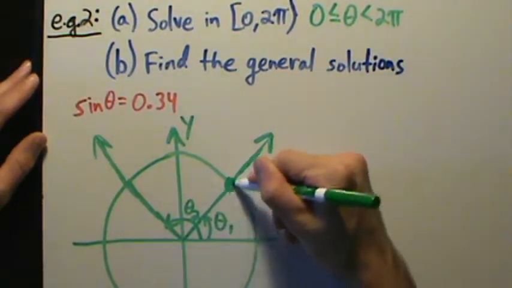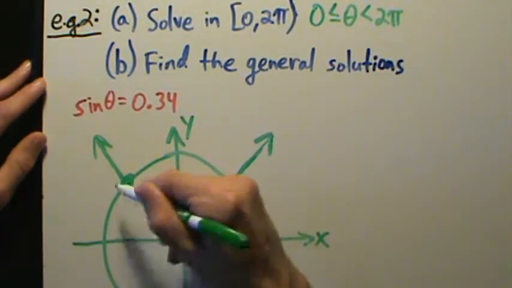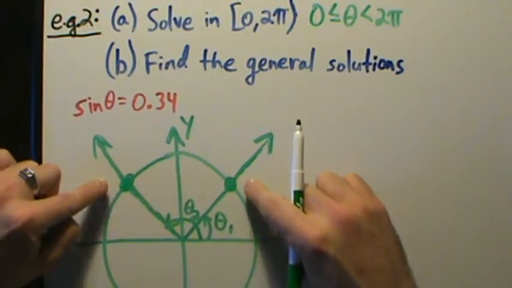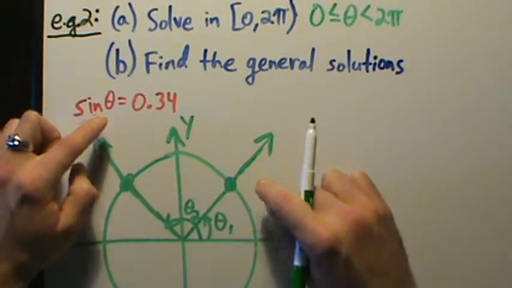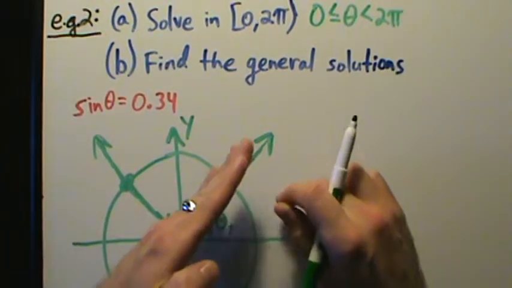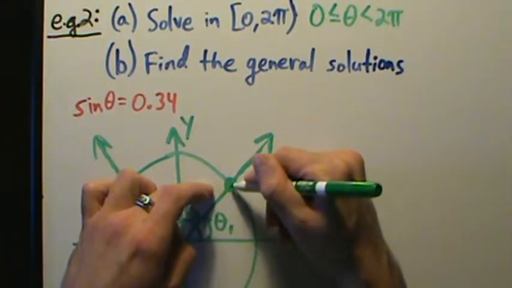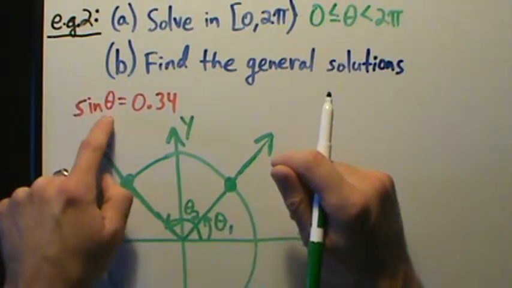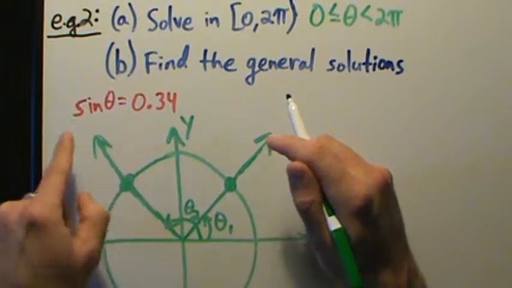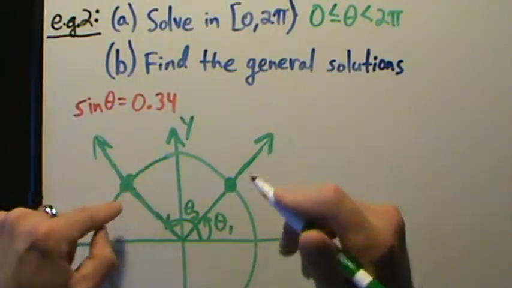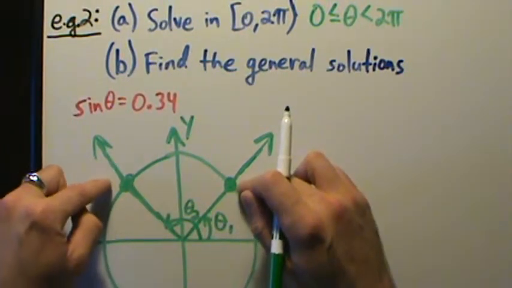Well, these 2 points have the same y-coordinate. Remember, if you have an angle theta in standard position, the terminal side of angle theta hits the unit circle at some point, and the y-coordinate of that point is the sine of the angle. So the sine of theta sub 1 is 0.34, and the sine of theta sub 2 is 0.34, and that's the y-coordinates of these 2 points here.